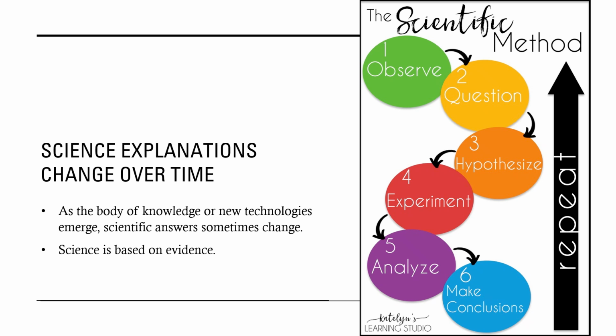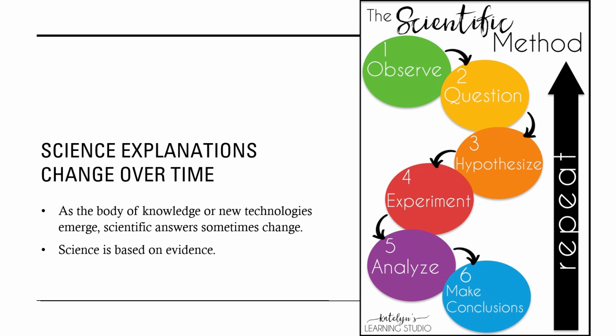As much as we try to correct for those using controls, which we'll talk about in a minute, there are still assumptions. Right? So science is always based on evidence, and evidence can sometimes change. So that's just something to keep in mind as we're talking about scientific thinking and as we're talking about experiments.